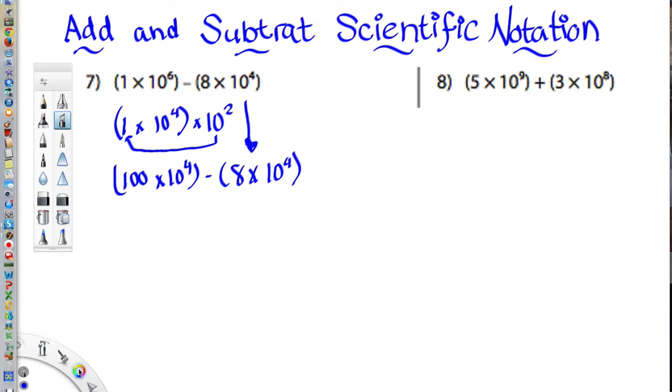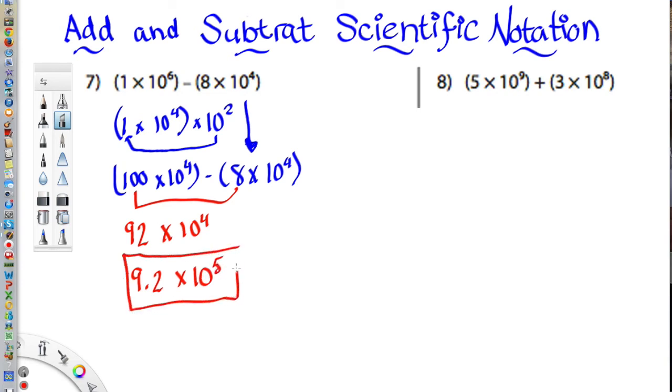And when I go to subtract 8 from 100, that'll give me 92 times 10 to the 4th power. Once again, this is not in scientific notation. 92 is too high, so I have to change it to 9.2 times 10 to the 5th power. It's not that difficult, it seems a little weird at first.